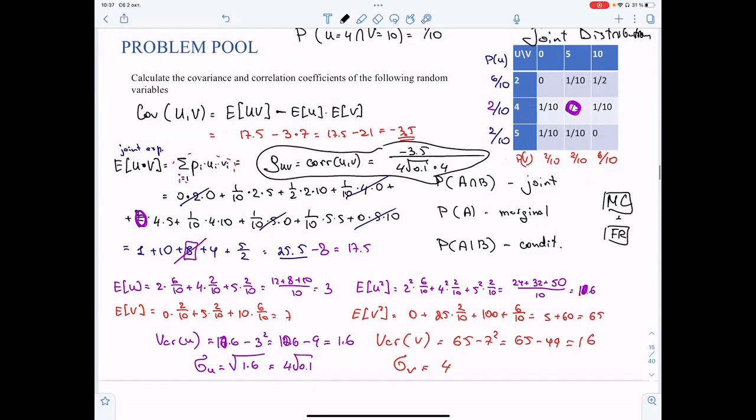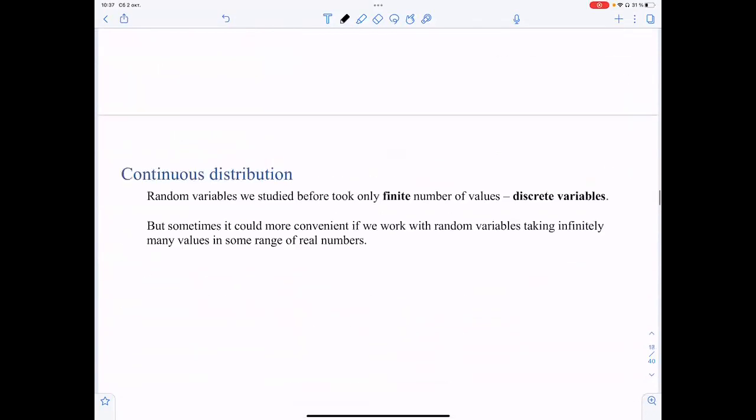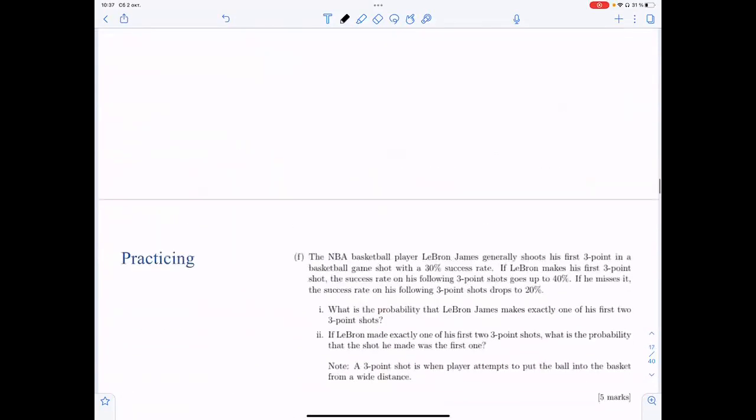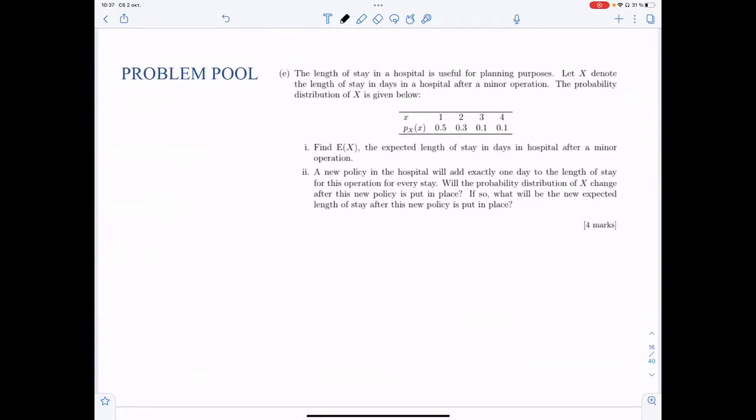So here was a very basic and a very standard problem to identify the covariance and correlation.